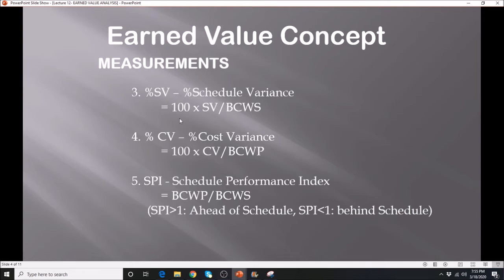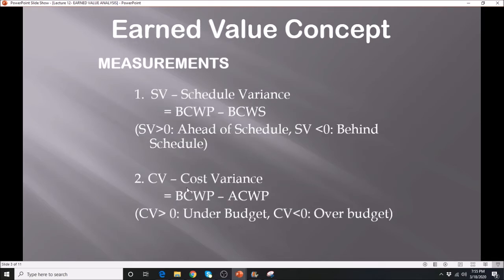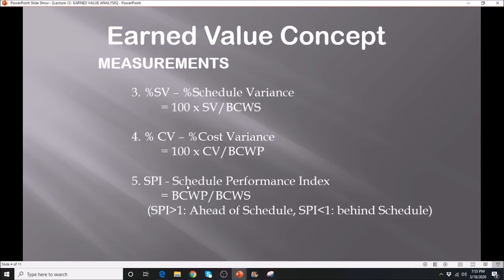So you should be able to calculate that based on formula number 3. The same thing also with the cost variance, which is based on formula number 4, having the cost variance that you have calculated here on the second. Okay, and plug it in to this equation, and that will give you the percentage cost variance.